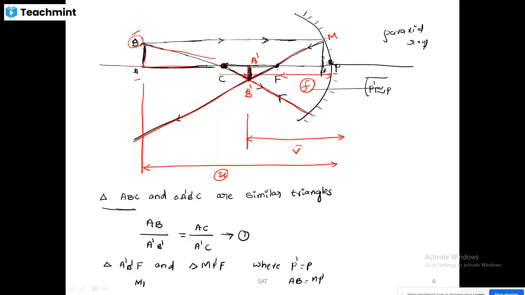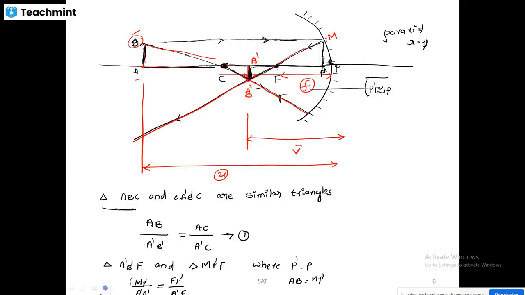MP dash by A dash B dash is equal to, what about here, FP dash by A dash F. Next, MP dash should be equal to AB, yes.